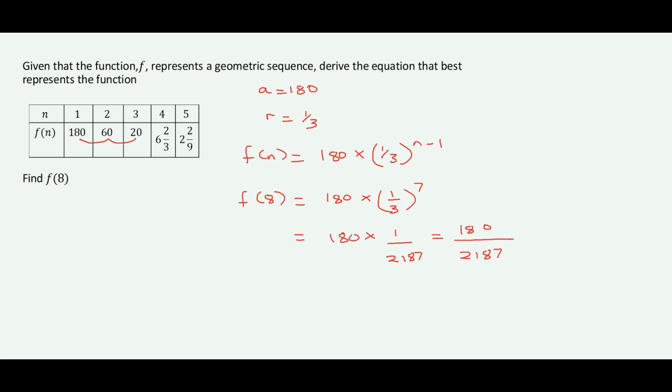We can divide this by 9, which is going to give us 20 here, and divide this by 9, you should get 243. So f of 8 is going to be equal to 20 divided by 243.